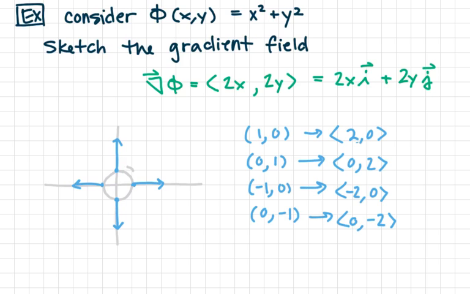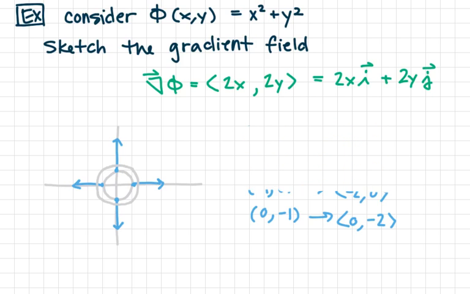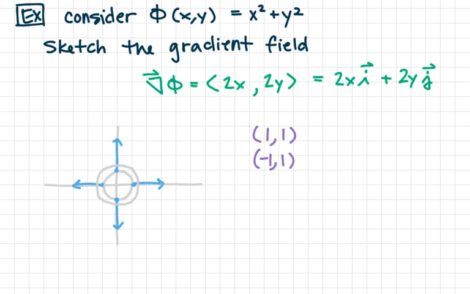So I'm going to make another circle. This one passes through all the points (1, 1), so it actually has a radius of √2. Let's look at graphing some of these. Those points are (1, 1), (negative 1, 1), (1, negative 1), and (negative 1, negative 1).